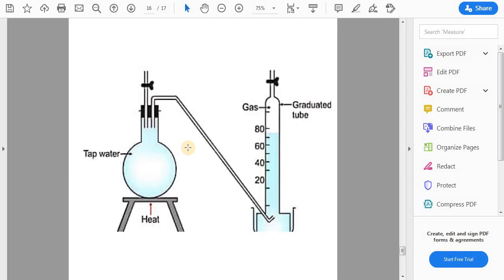The solubility of hydrogen in water is 0.02 volume of hydrogen per unit volume of water at 0 degrees Celsius. So the gases dissolved in water can be easily expelled by boiling the water. This you can see, this is the experiment.